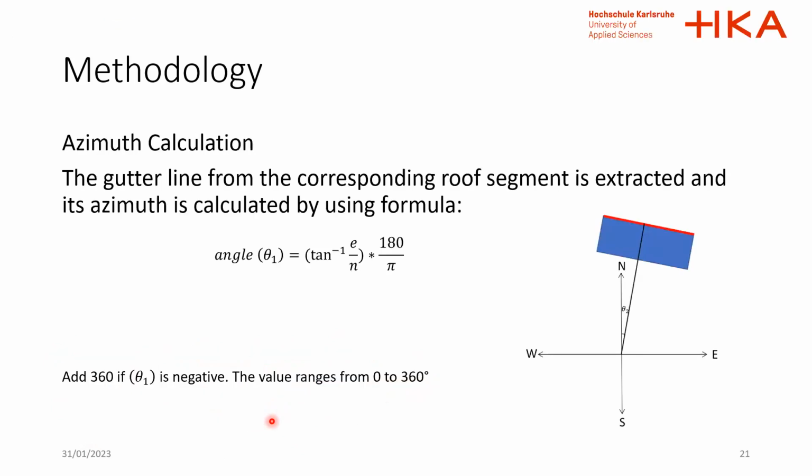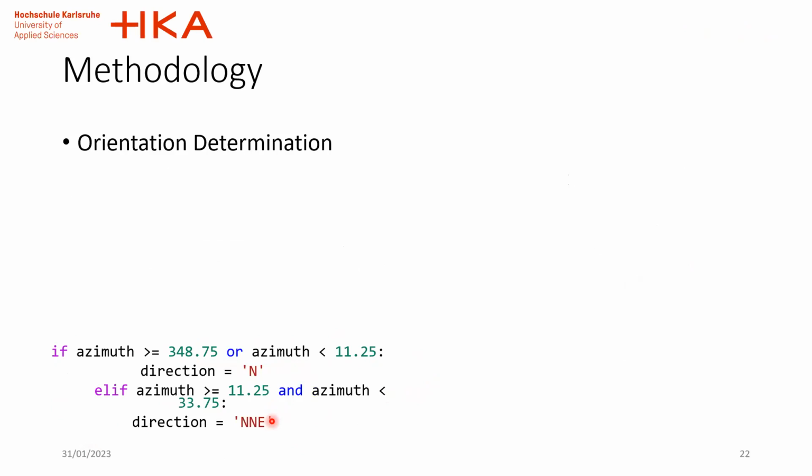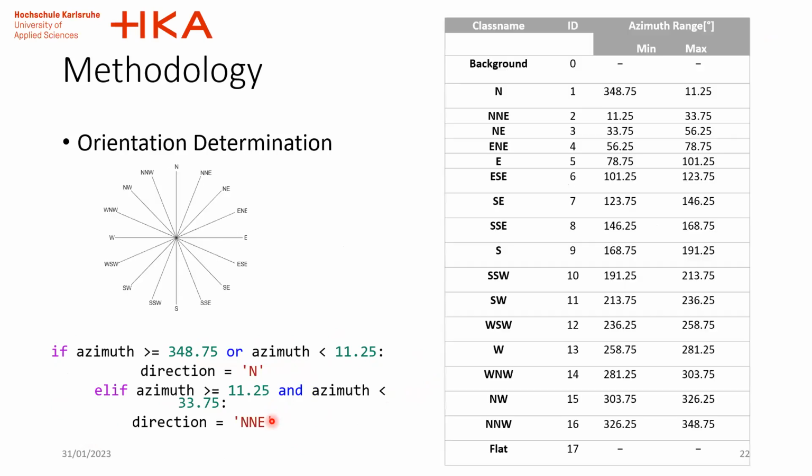We have calculated the theta, and then we use that theta as the azimuth, and we have the table to convert. If the theta is in this range, we have this class; if not in this range, not northeast, and so on. So we determine the different classes by using these values.